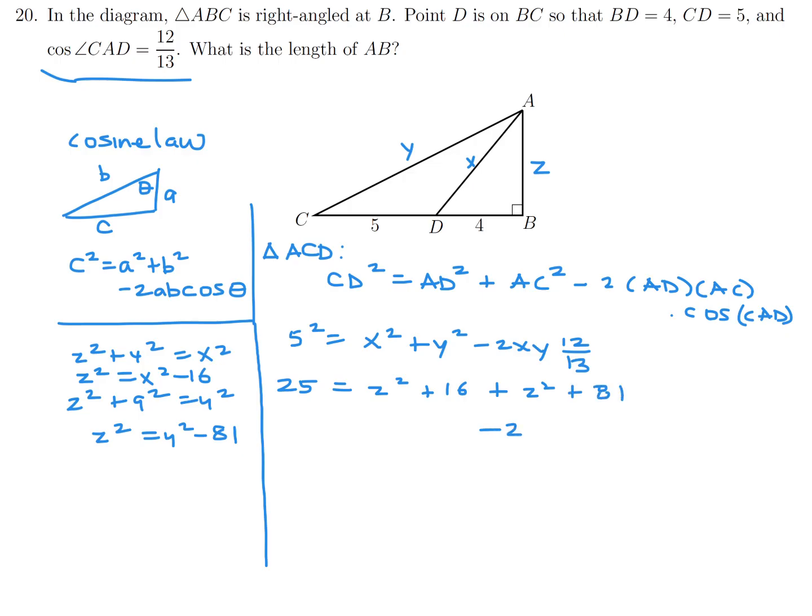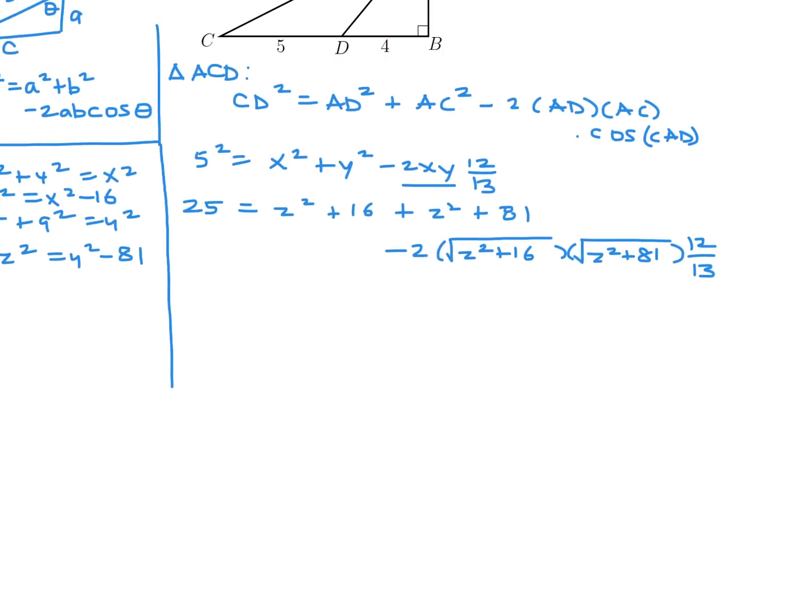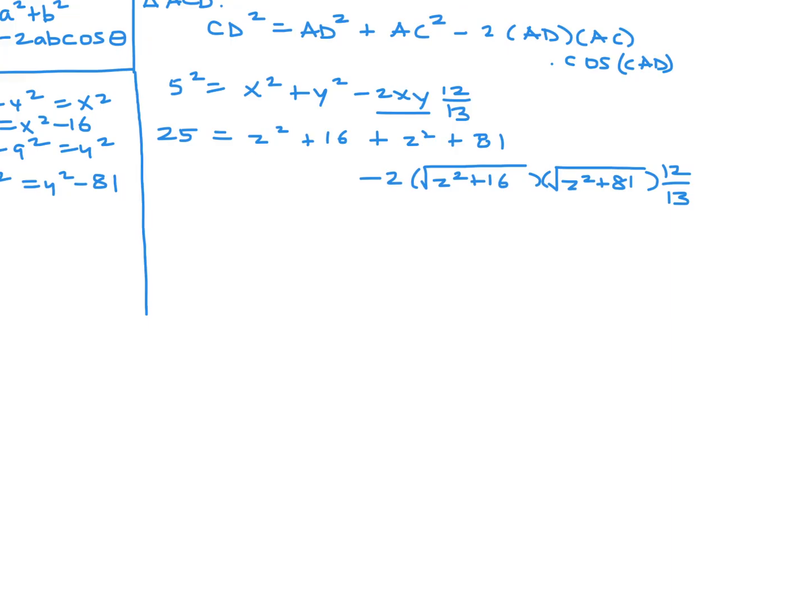And then minus 2xy, where x is the square root of z squared plus 16, and y is the square root of z squared plus 81. Correct?